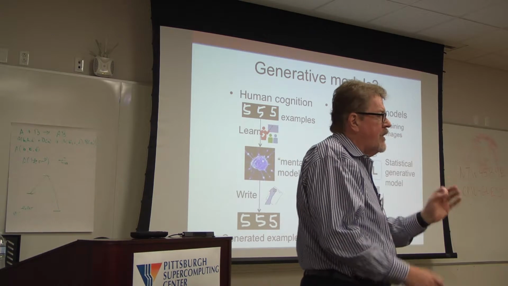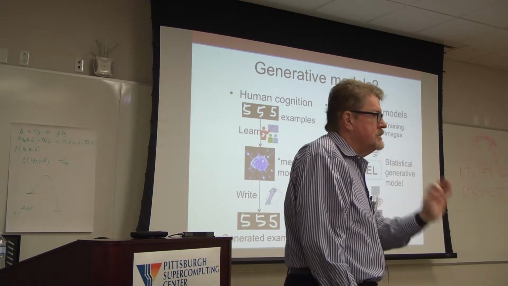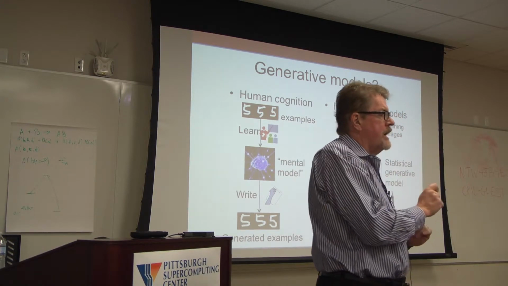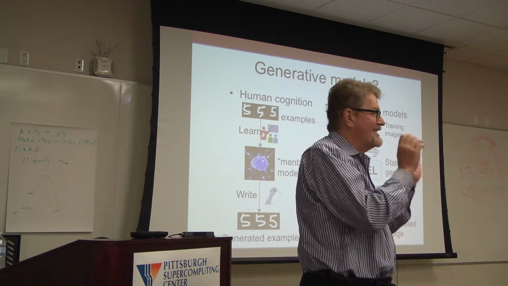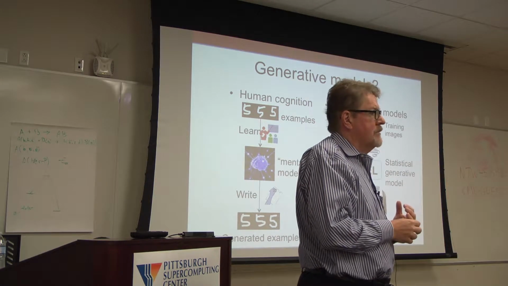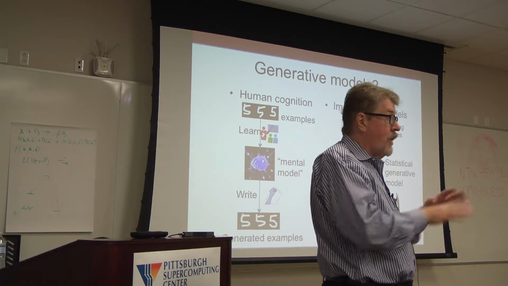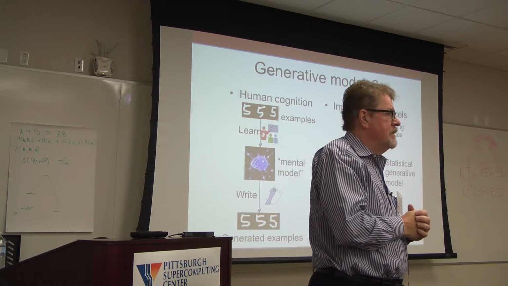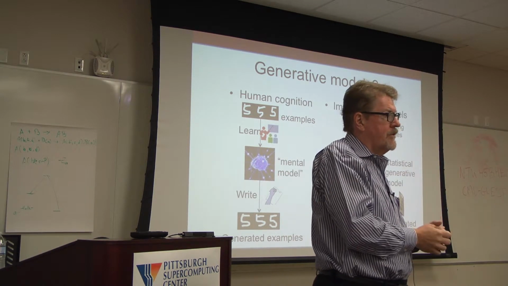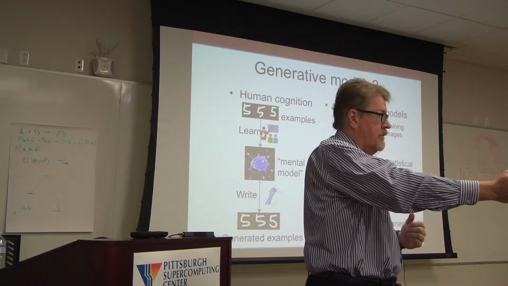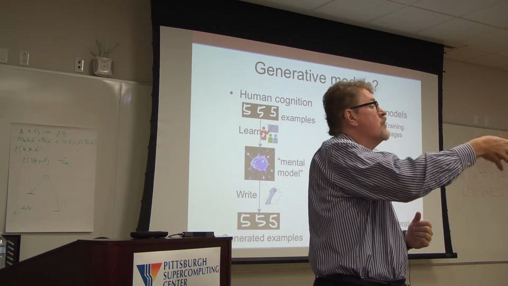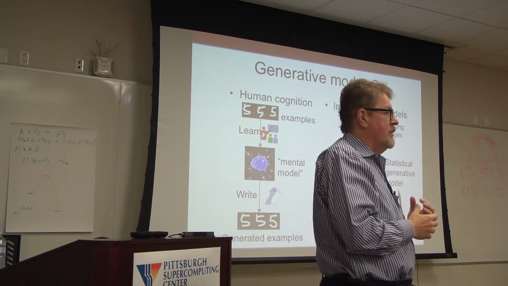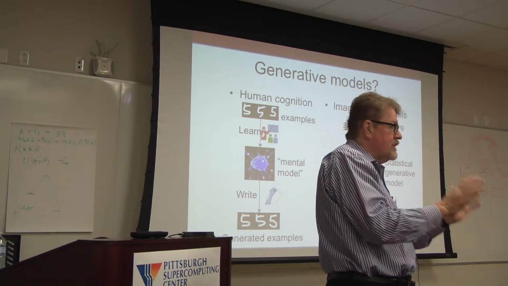That model is inherently a statistical generative model because you can generate a new 5 that is not the same as any 5 you've ever seen, but is within the family of all the 5s that you've seen. All right? That's what makes it generative, right? So we generate new instances that we would say are drawn from the underlying model of what it means to be a 5. Now that's a really important concept.